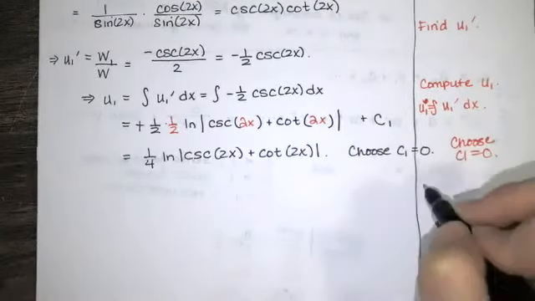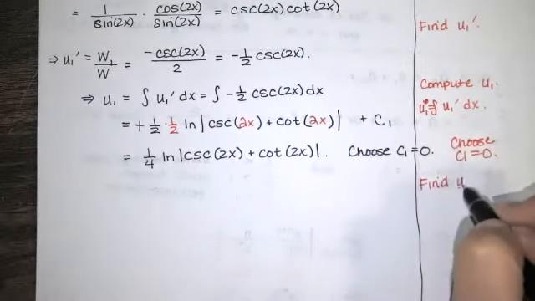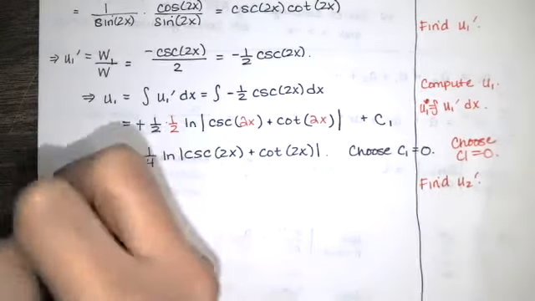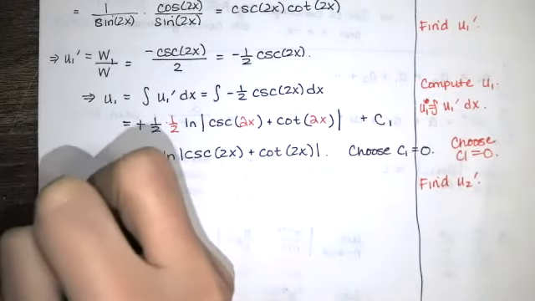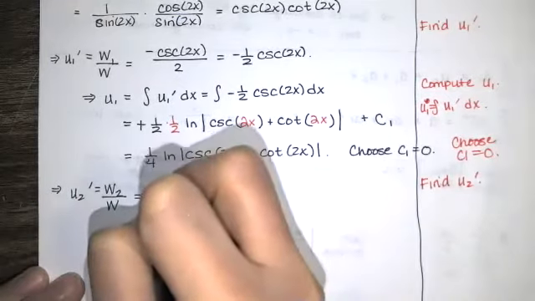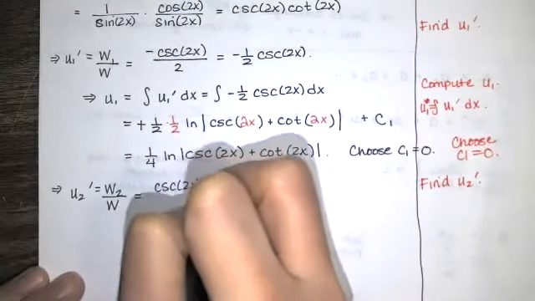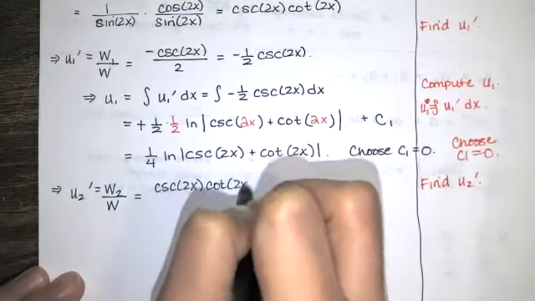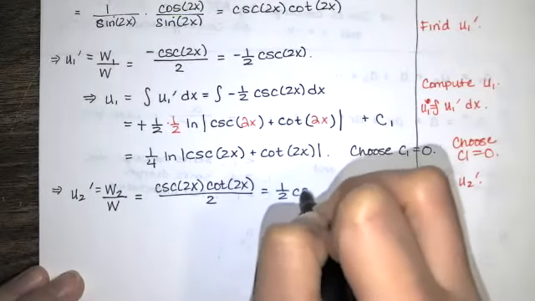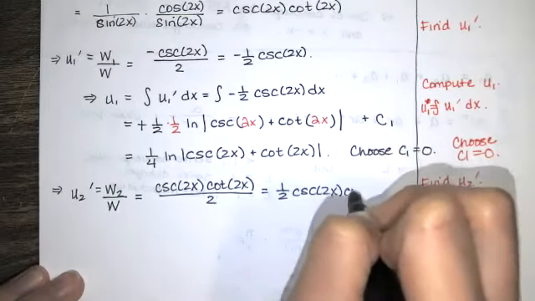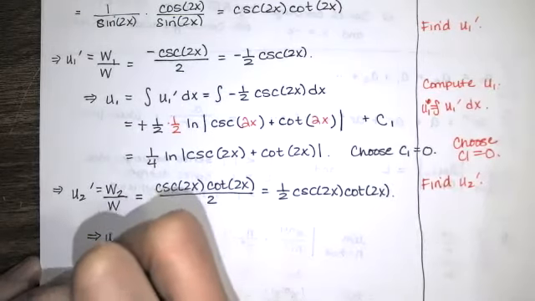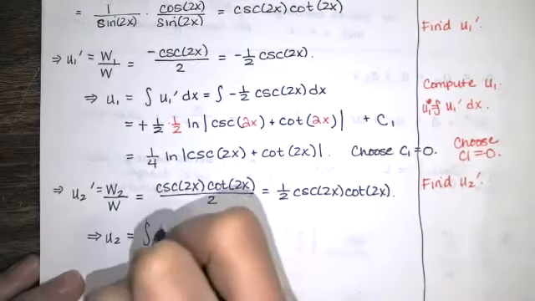Okay, and now we're going to find u2 prime. u2 prime is w2 over w. So that is cosecant of 2x times cotangent of 2x, all divided by 2. So u2 is the antiderivative of that.